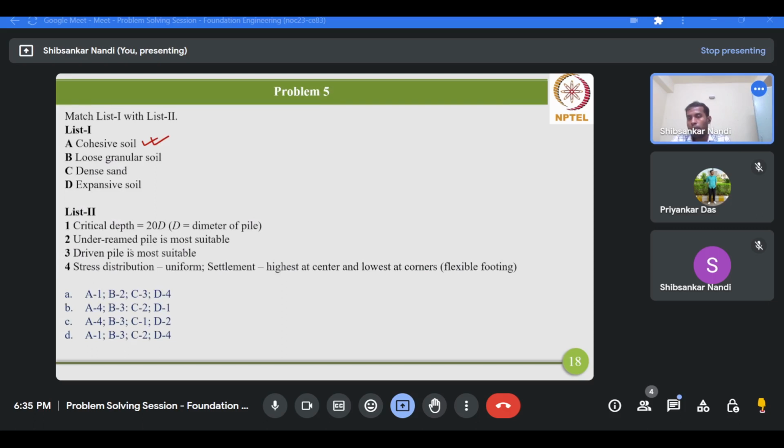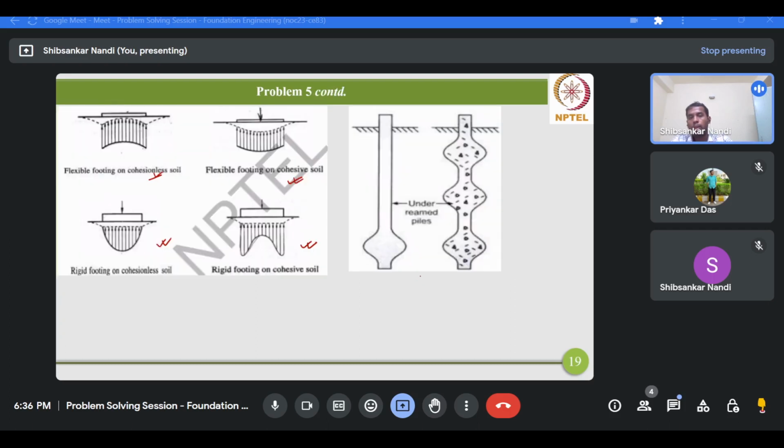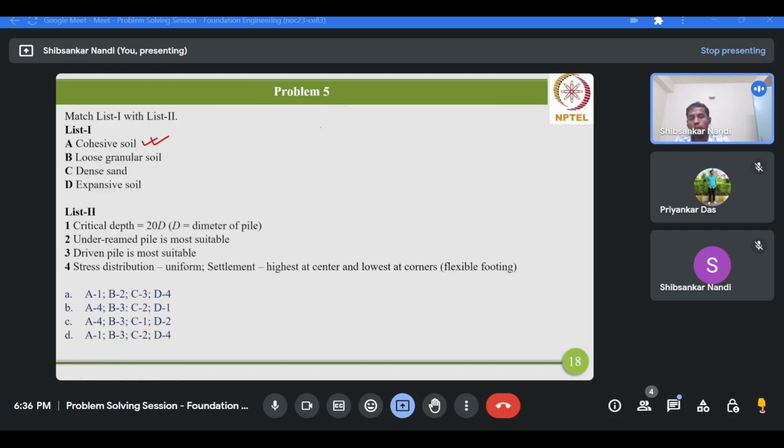Okay, so this condition is what the problem is talking about. Therefore, A is matching with entity 4.